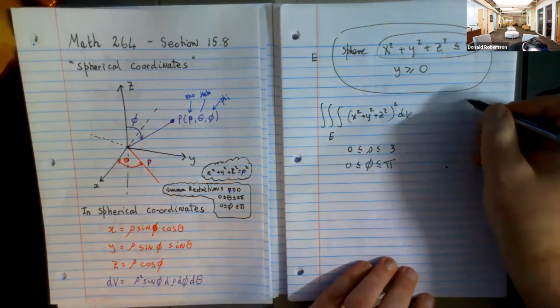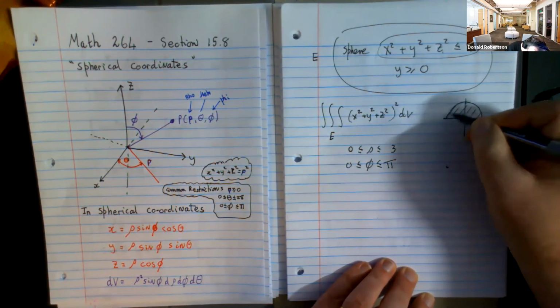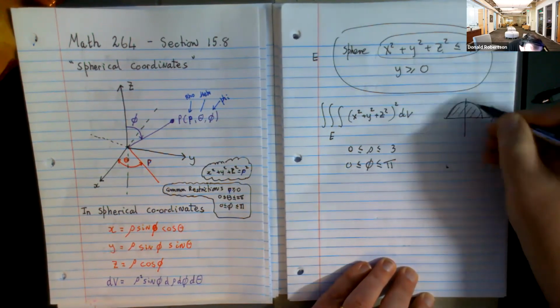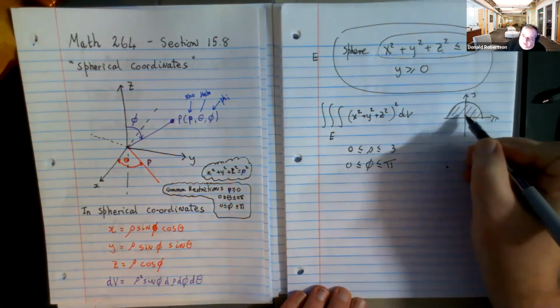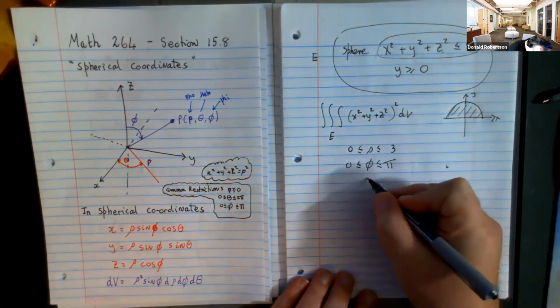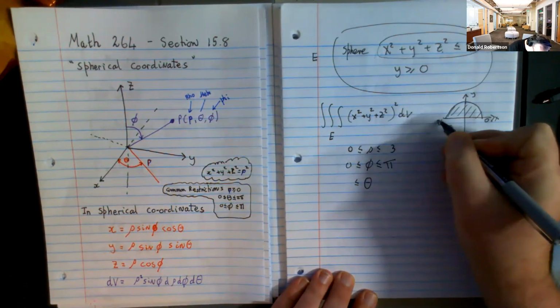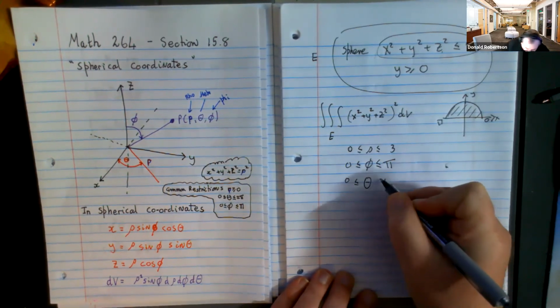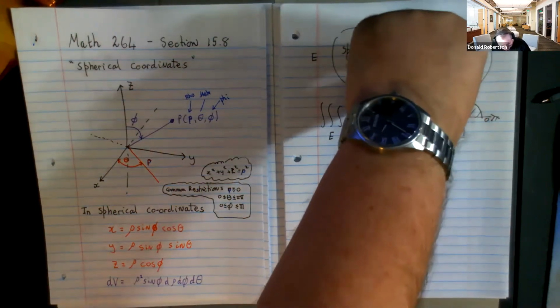Now, what does y greater than or equal to 0 look like? Well, isn't it the top half of the circle? And doesn't that affect theta? Starting at 0 and finishing at pi. Are we comfortable about how that became this?